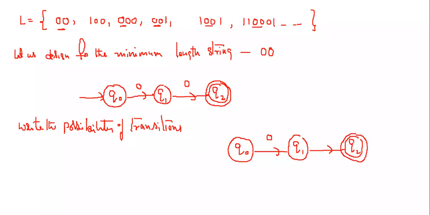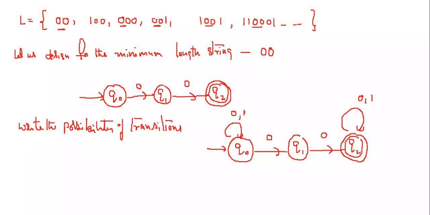Let us suppose this is the initial state. Initially, on taking 0, I will be on Q0 only. After seeing 1, I will be on Q0 only. But after some 0, I will go to Q1. After some directly 0, I am going to Q2. After 0, 0, I may see either 0 or 1, and I will be on the same state.